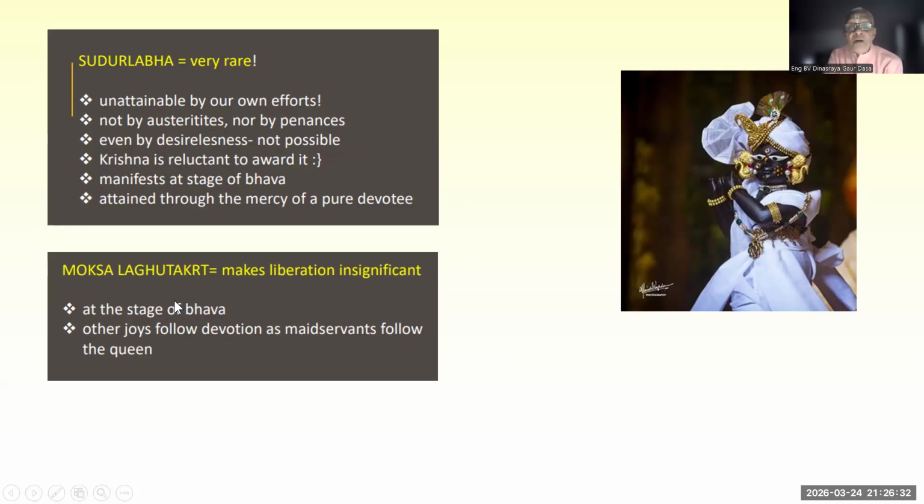As a pure devotee, we know that those kinds of liberation or mukti we do not want. Liberation is like a maidservant for the devotee. The devotee becomes a queen. When a queen is walking, maidservants walk behind her. So when a person is in pure devotion, then moksha or liberation follows.